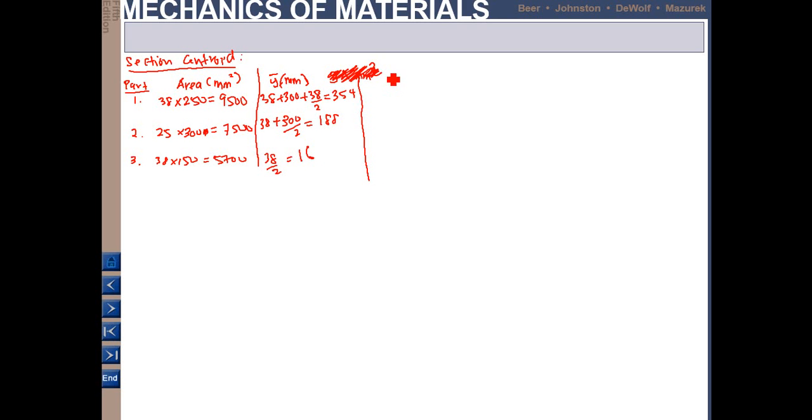Okay, so this is y centroid, and then y times area.